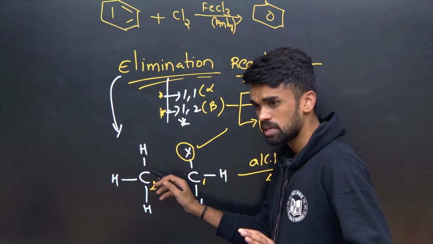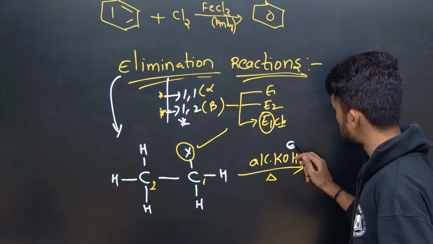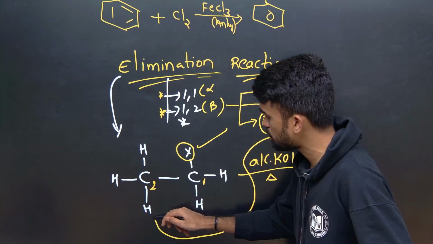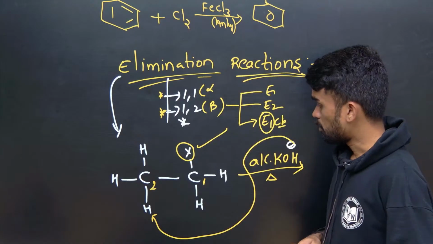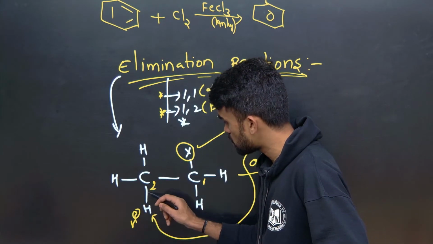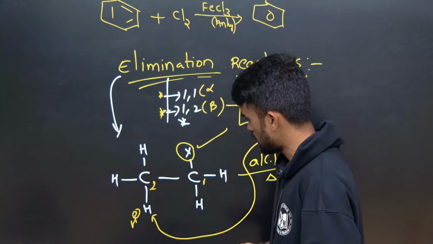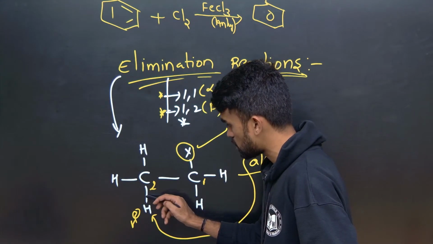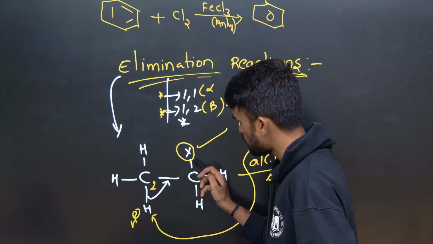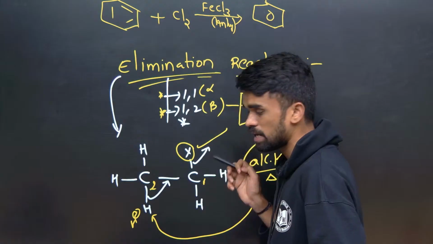How it happens: this base will abstract a proton from here. The proton, H plus, goes out, but the bonded electrons stay with this carbon only. These bonded electrons will shift here. At the same time this halogen goes out from here as X minus.